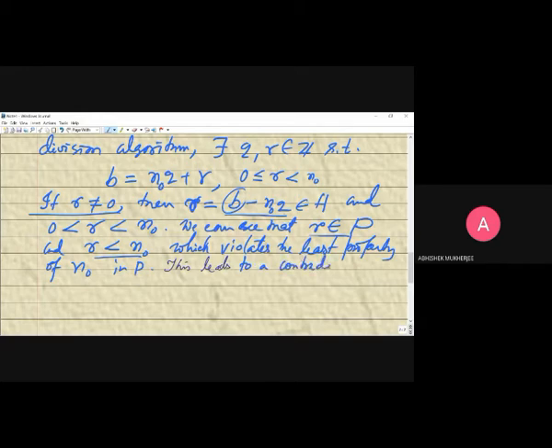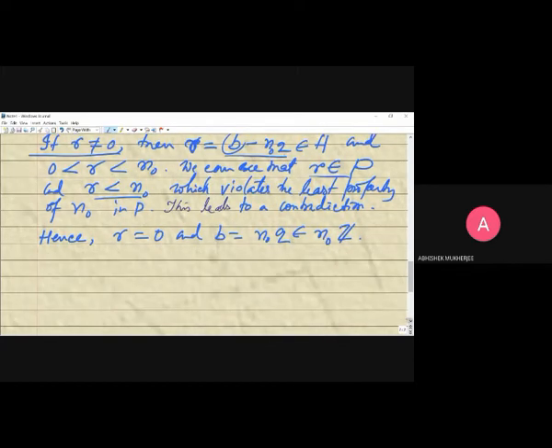Okay, and hence R equals 0, and so B will take the form of N naught Q. That means B belongs to N naught Z. Thus H equals N naught Z.